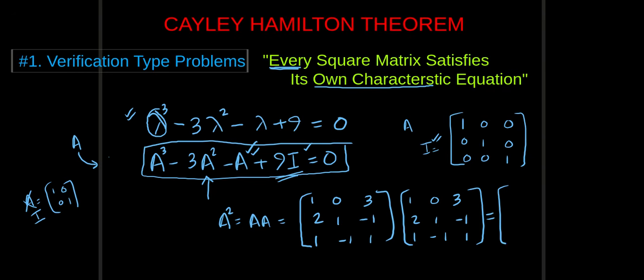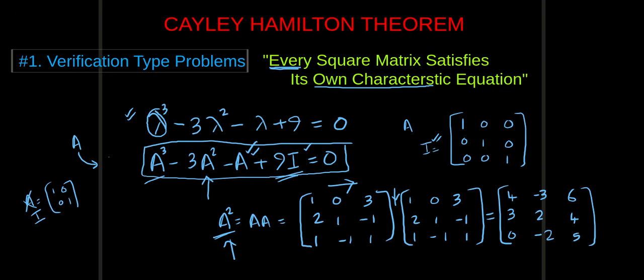And I'm sure that you're very good in matrix multiplication. So just go ahead, multiply, or if you want you can use a calculator and find A square. And the answer is 4 minus 3 6, 3 2 4, 0 minus 2 5. So finally we have A square.